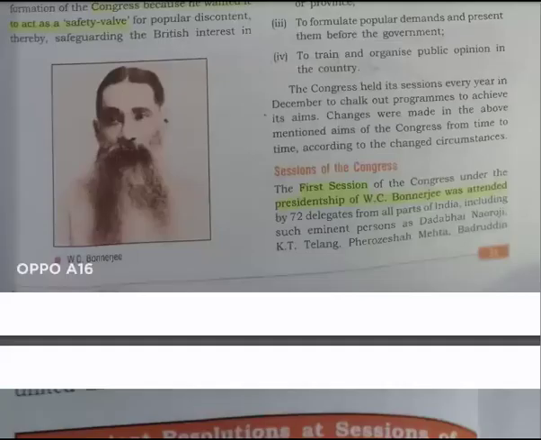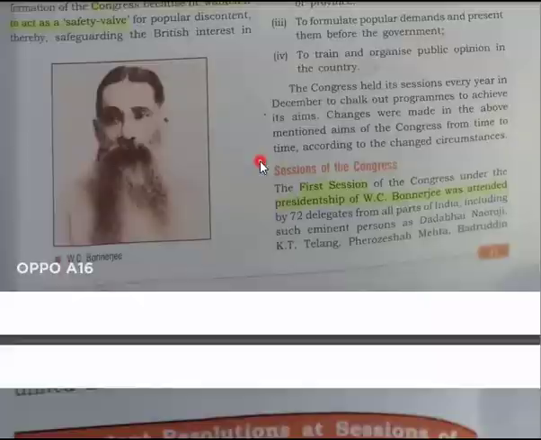And we have G. Subramania Iyer, Ananda Charlu, N.G. Chandavarkar, and Justice Ranade.